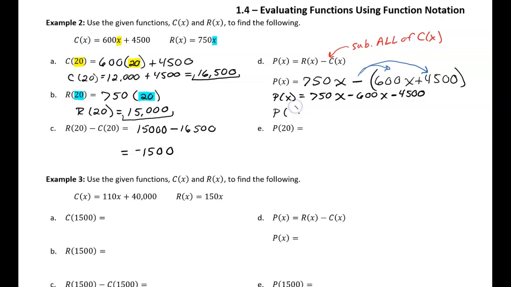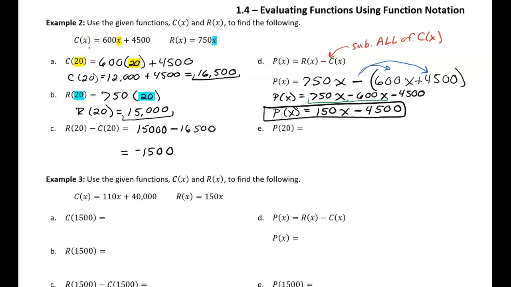So this new function P of x is equal to, I'm going to combine here the 750 minus the 600, x of course, those are x terms. So that ends up giving me 150x minus the 4,500. So there's that new function P of x. And how do we build it? We use the R of x and the C of x.